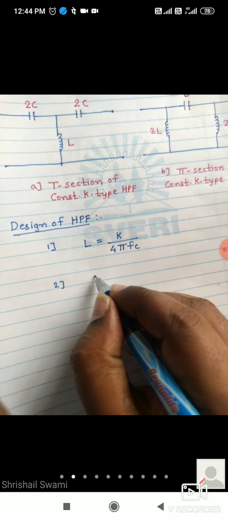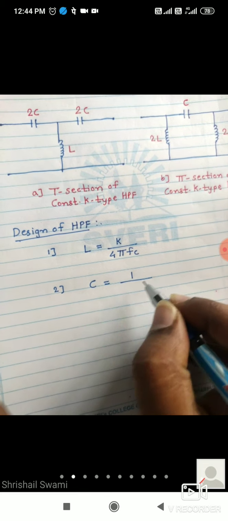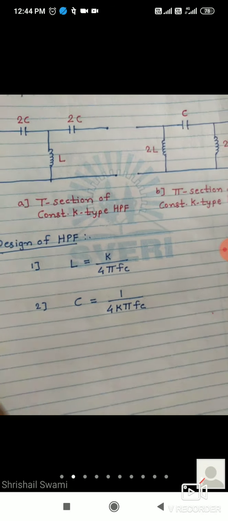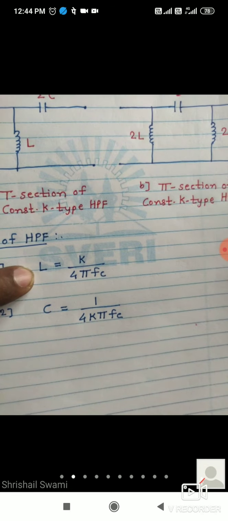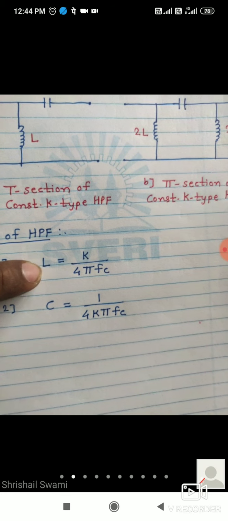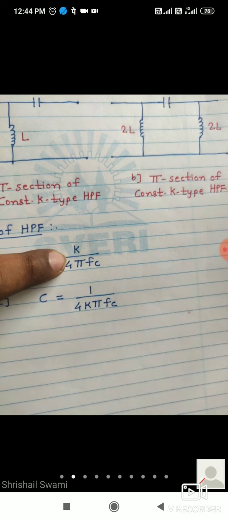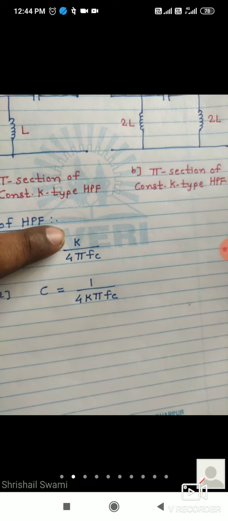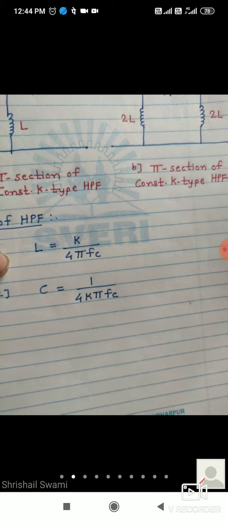And the second one, C is equal to 1 upon 4K pi Fc. If you know the inductor formula, L is equal to K upon 4 pi Fc, you can easily find the formula of C. Why and how? Just take K in the denominator.